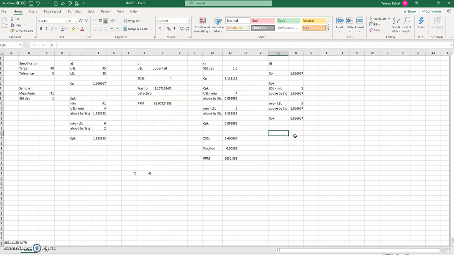To compute the fraction, I have to compute the z associated with either one of these two. Let's use the lower specification limit this time just to vary a little bit. I could choose any one because both are equal.